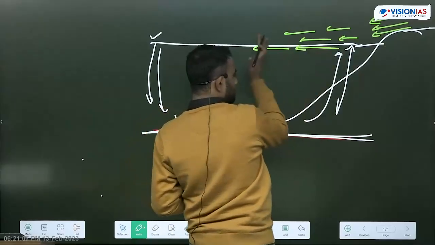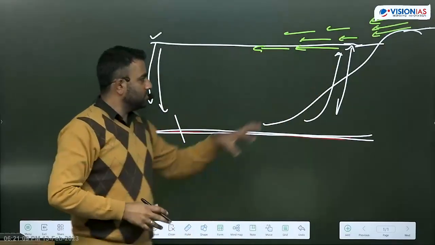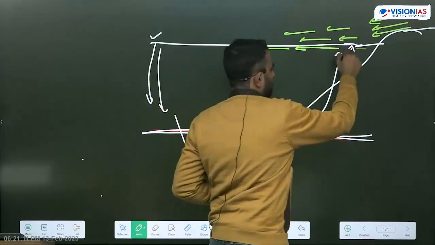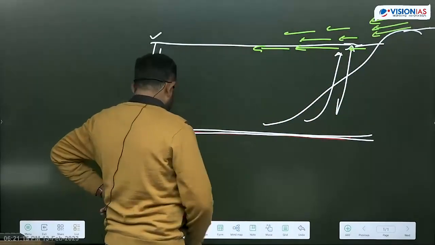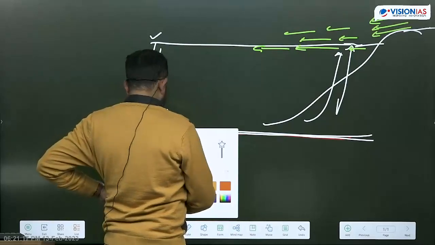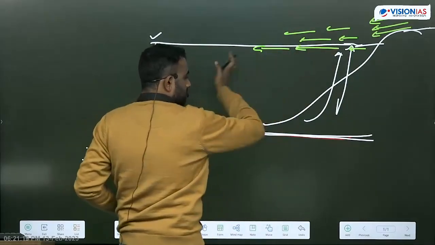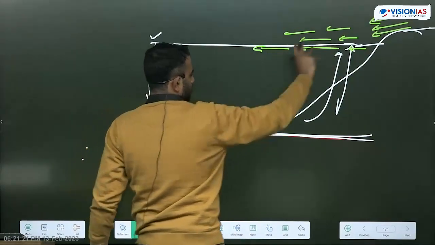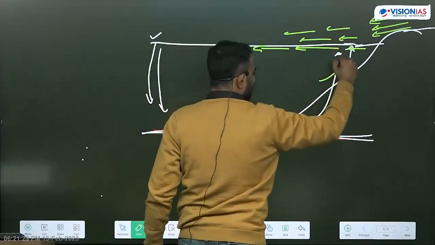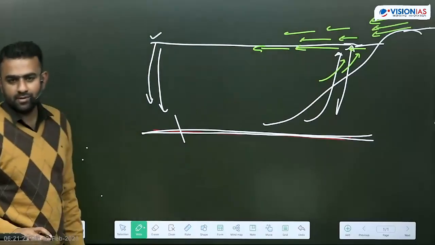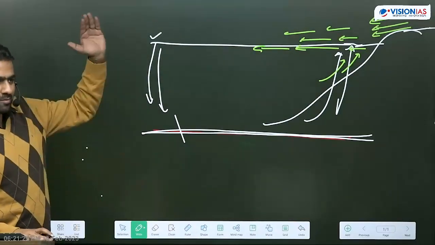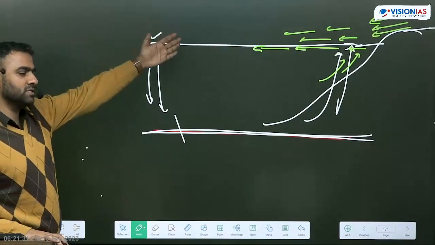So the water near the coastal region continuously gets pushed by the winds coming from the land, and that water is continuously removed. It moves towards the other parts. So there is a shortage of water here. To fulfill that, from the bottom the water automatically rises upwards. That is what is called upwelling.